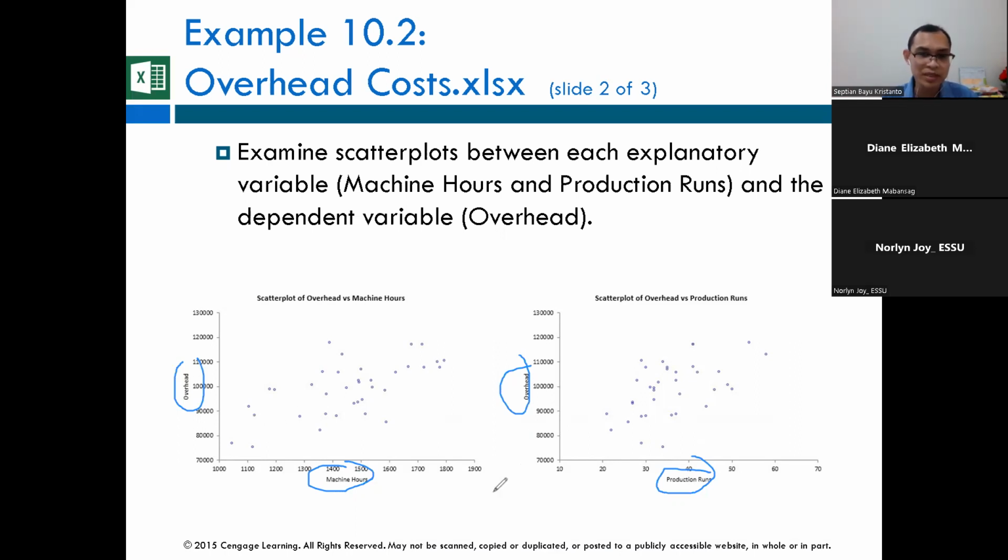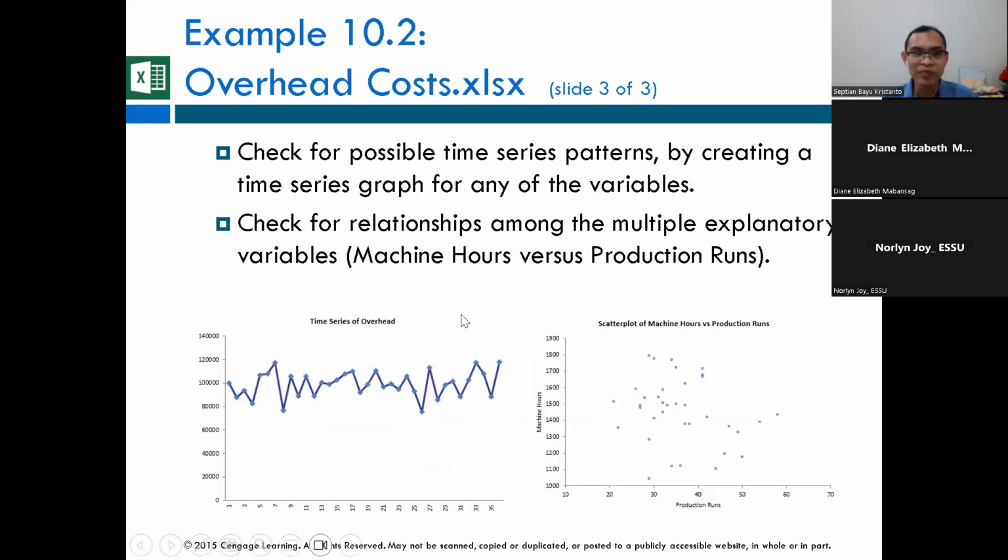But sometimes the pattern is unpredictable, like this one. For overhead and production, it could be a pattern like this one. But for overhead and machine hours, it is very tight. It could be like this one, or like this one. So there are different views in our analysis that can differ between the scatter plots.